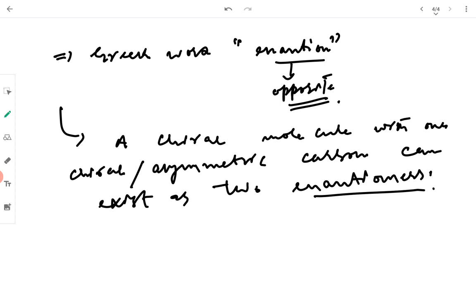These enantiomers are different molecules. They look to be the same, but they are not the same molecules. Although their physical and chemical properties are to a large extent the same, they are not 100% the same. They have a difference in various aspects, and those aspects we will study later on. So they are known as enantiomers.